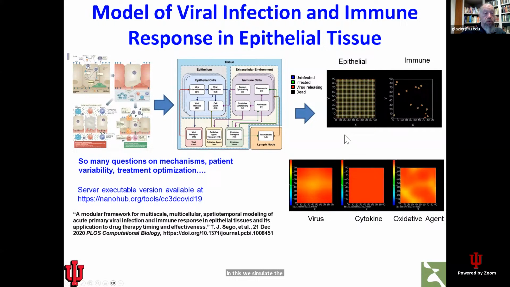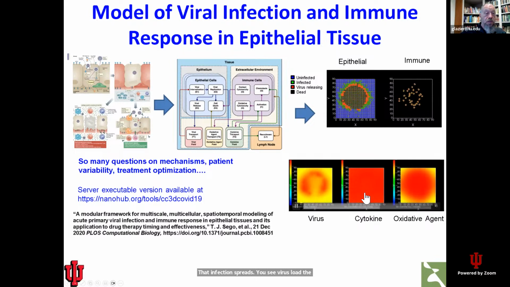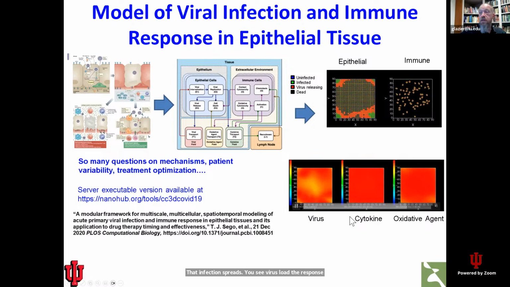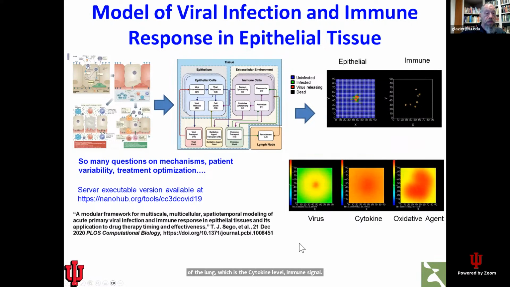That infection spreads. You see virus load, the response of the lung, which is the cytokine level, the immune signals in the lung, and then the appearance of immune cells that come in and try to eliminate the infected cells. And this one is actually one that you can run online if you like.